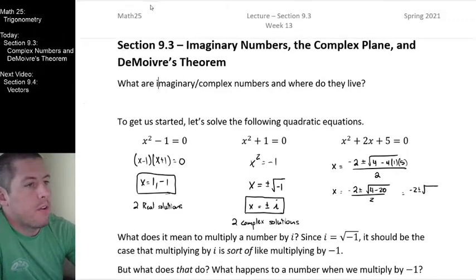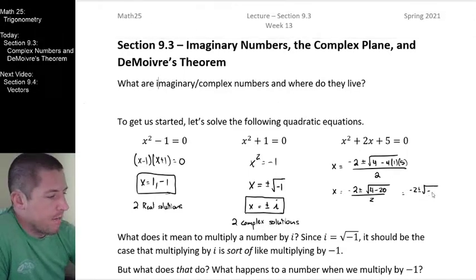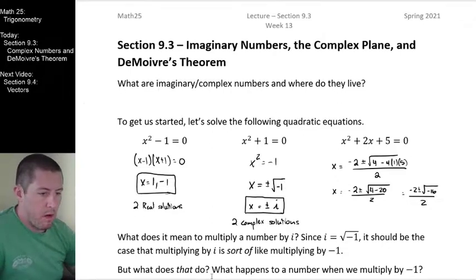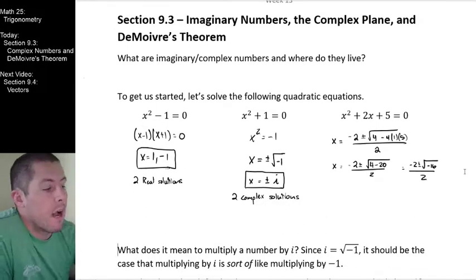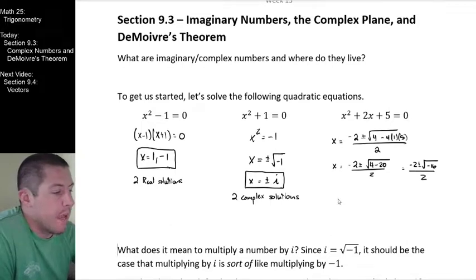And so here again, you can see we're getting the square root of a negative number. Let me do a smidge more algebra to manipulate the square root. What we in general like to do is to always state our complex numbers in terms of i. So I can write this as negative 2 plus or minus the square root of 16 times the square root of negative 1, all over 2.